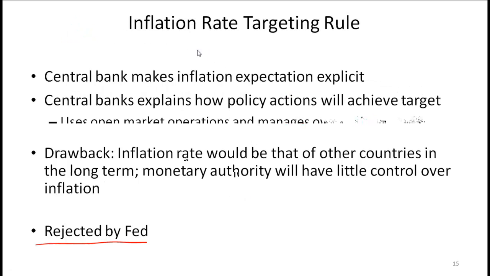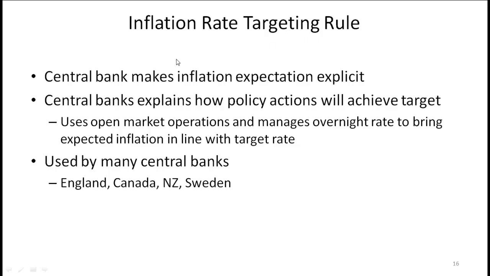Finally, you need to know a few points related to the inflation rate targeting rule. According to this rule, central banks make inflation expectations explicit, and then central banks explain how policy actions will achieve this target. It uses open market operations and manages the overnight rate to bring expectations in line with the target rate.